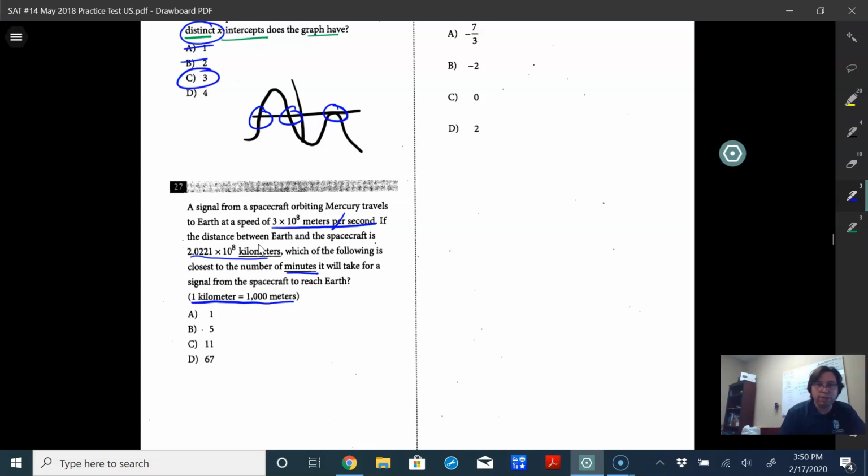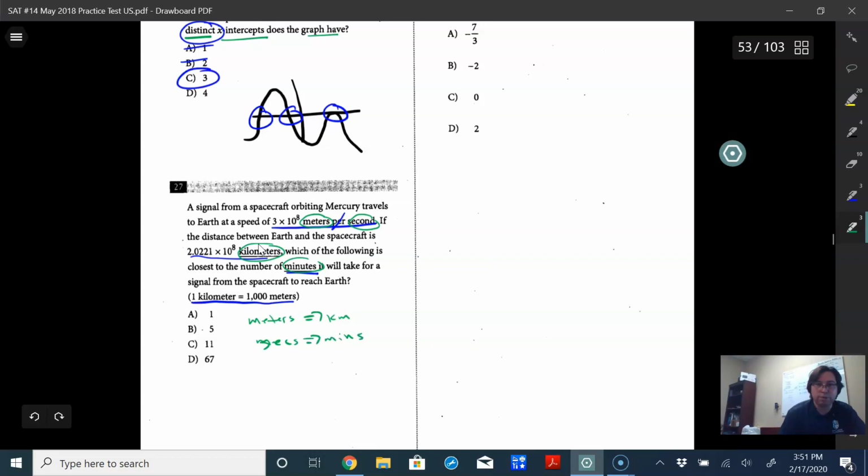First, we can realize we're in meters, and we're trying to go to kilometers. That's the first step. And secondly, we're in seconds and we're trying to go to minutes. That will be the next step.